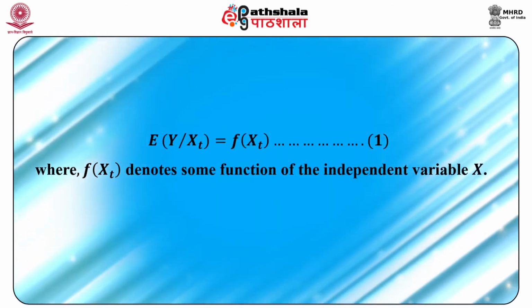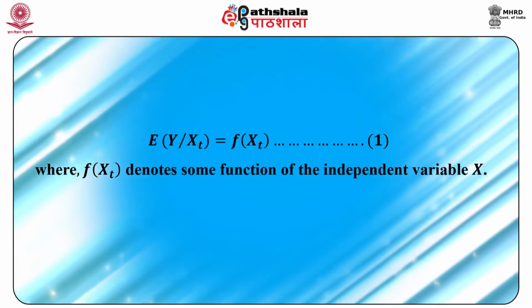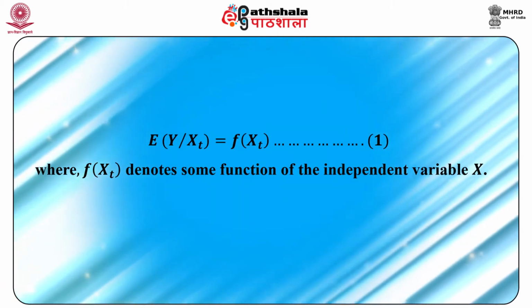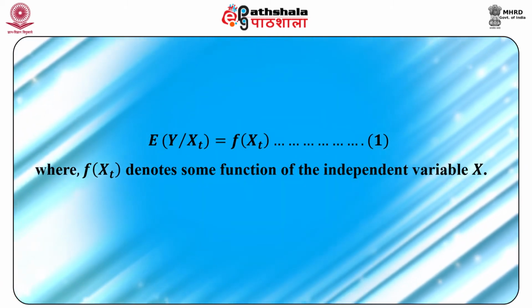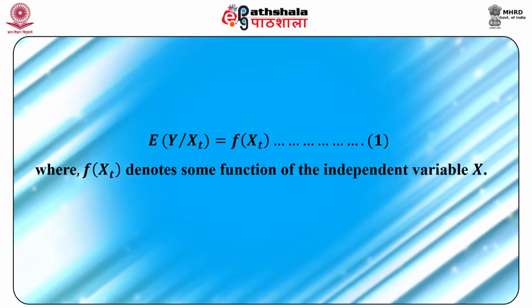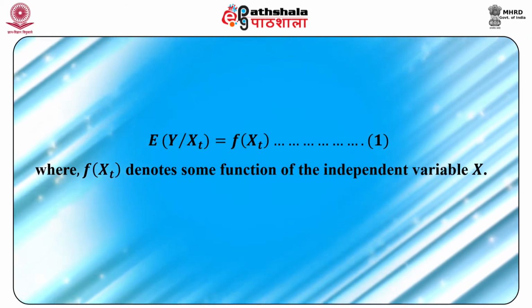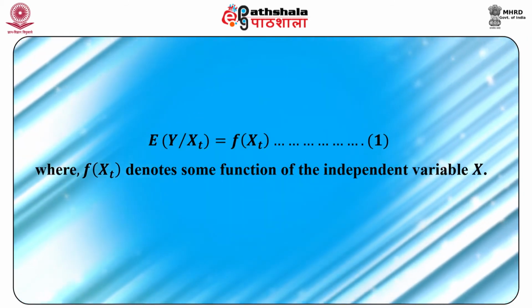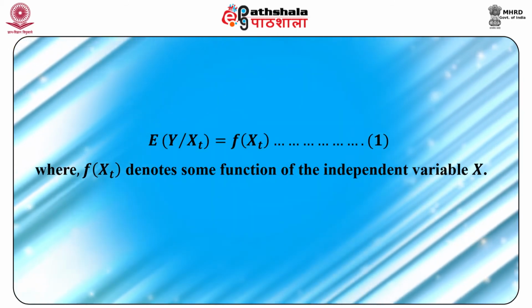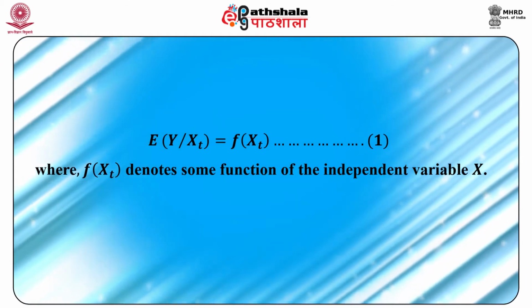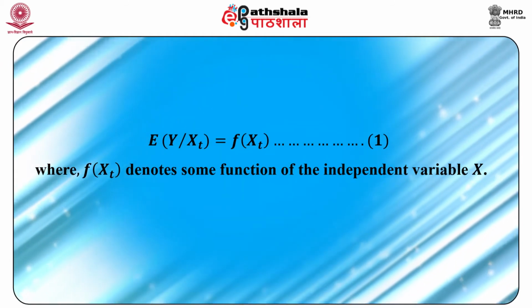Therefore, the expected value of y given a value of x, which in this case is income for a particular value xt, is a function of xt, where xt is a given value of x. So, mathematically we can write that the expected value of y given xt is equal to the function f of xt, which is our equation 1.